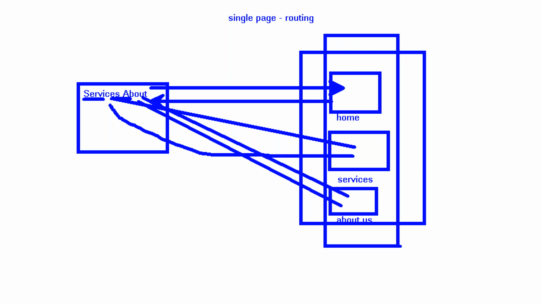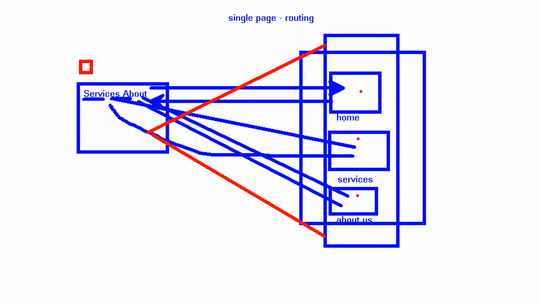When you come to the single page application, we can also call it the routing concept. So what is the benefit of the single page application? All these components are bound as one object. When the user sends the first request to the server, this object is loaded into the client system. In this object, all these templates are available.